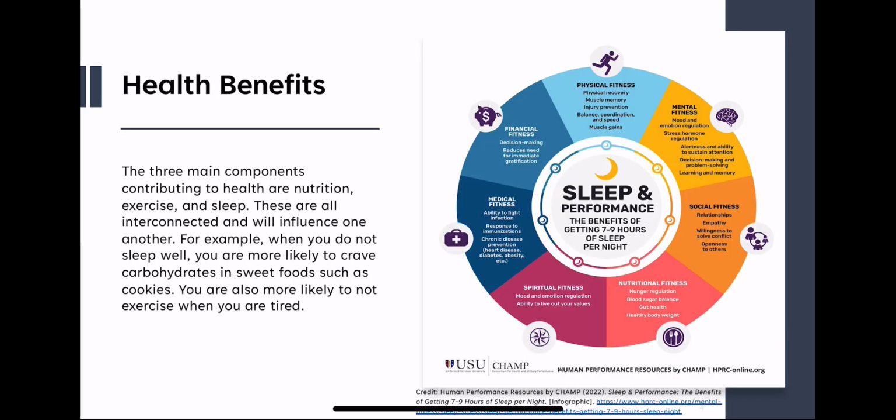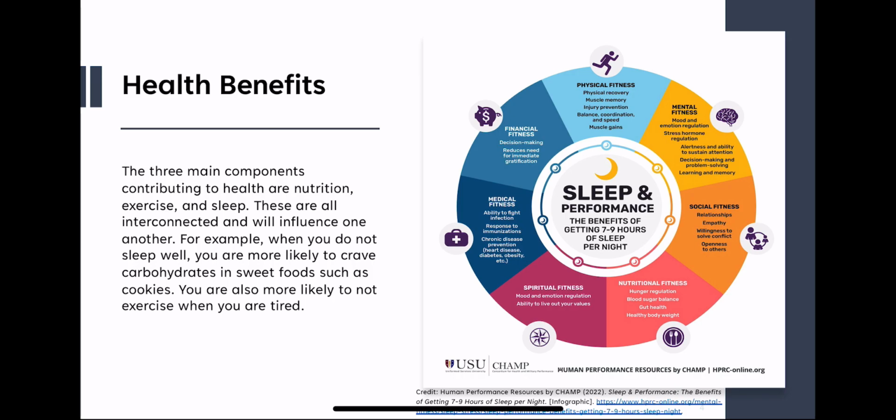So we need good sleep to have good health, but breaking down health further, it can be broken down into 3 different aspects. We have nutrition, exercise, and sleep. The thing about sleep is it can have an effect on nutrition or exercise, and the other two affect each other the same way. So whenever we don't get enough sleep, we don't make as great decisions for our nutrition and our exercise.